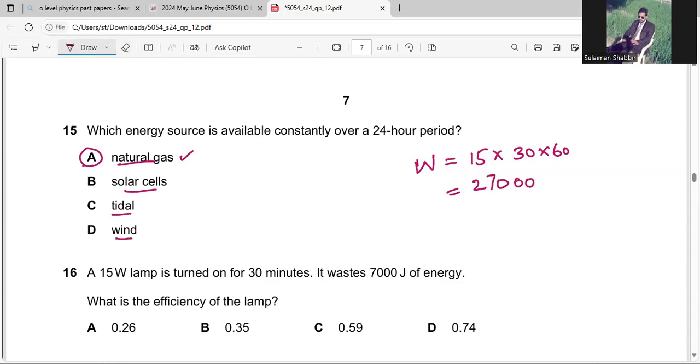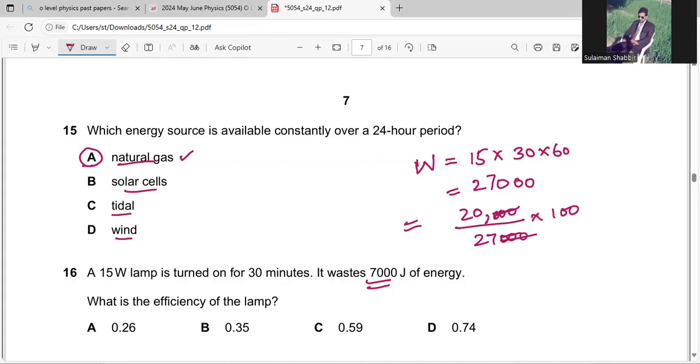27,000. 7,000 is the last energy, waste energy. So I will have 20,000 over 27,000 multiplied by 100. So 3 zeros gone with 3 zeros. So 2000 divided by 27.